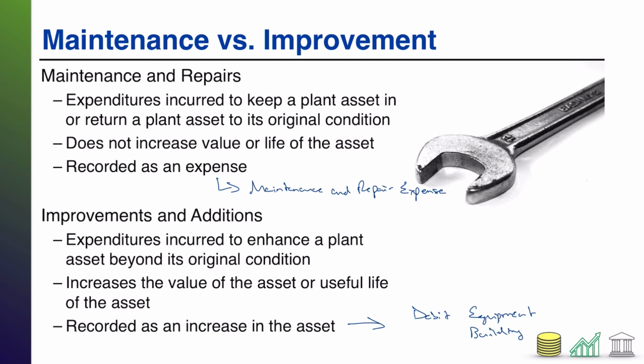The one exception to this is land. Land itself gets tracked separately from any improvements to the land. And so for land, you would debit land improvement, not land itself. That's the one exception. But for all the other fixed assets, you just debit that asset account to acknowledge the increase in value from the improvement or addition.